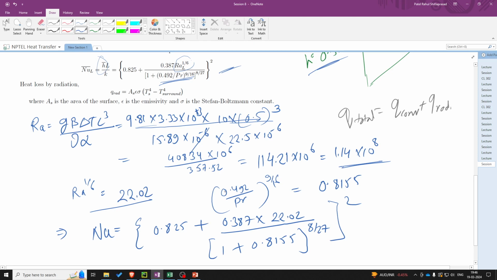Now we can further simplify this as 0.825 plus 7.141, whole square, which comes around 7.96 whole square.